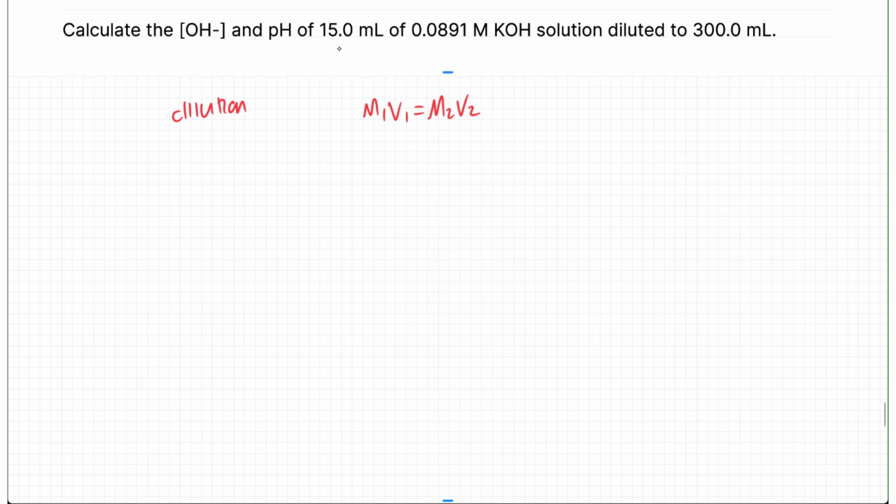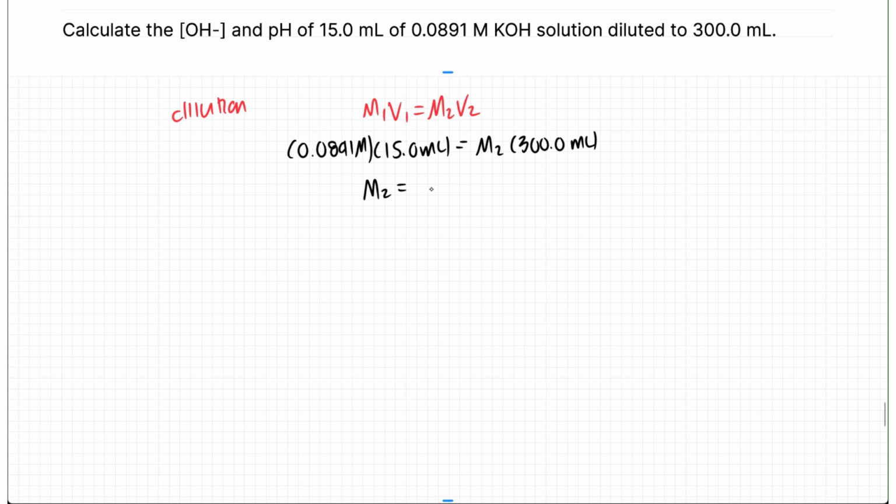So we have 15 milliliters as our first volume. The first concentration was 0.0891 molar. And we don't know what the new concentration is for the diluted solution, but we do know that the total volume will be 300 milliliters.